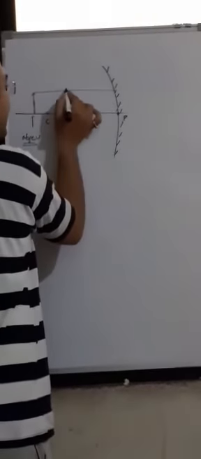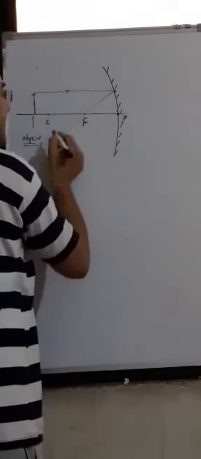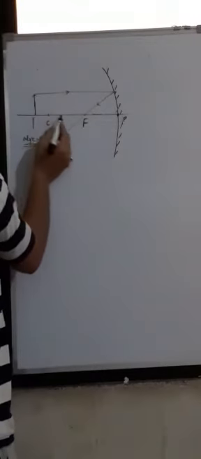Rays are going to be like this, and it will form the image here. It's called the image.